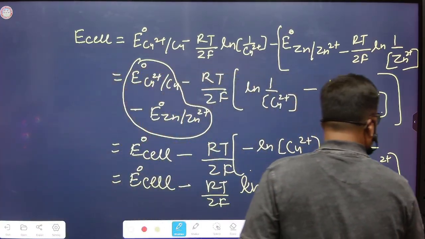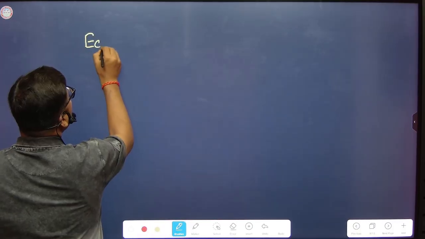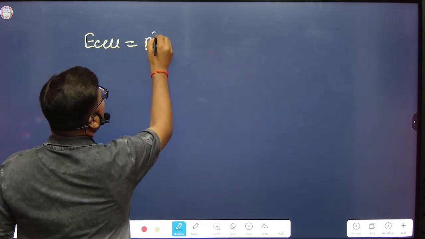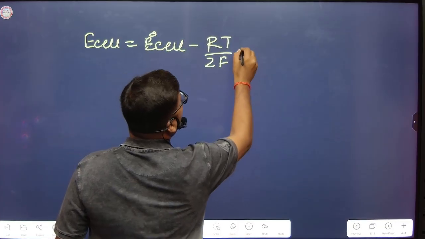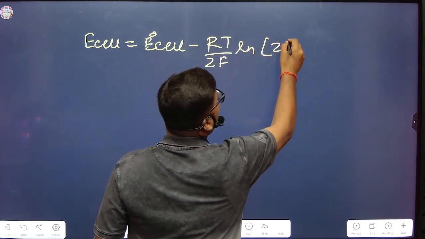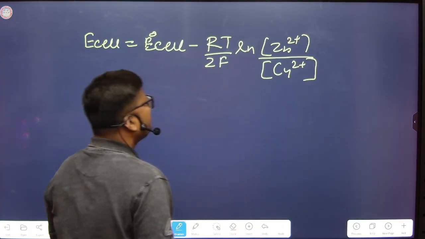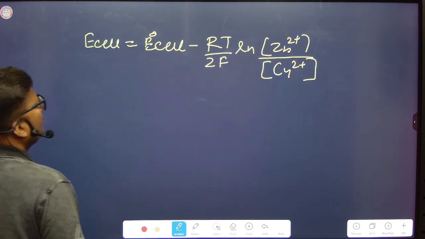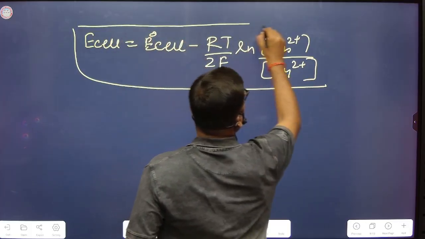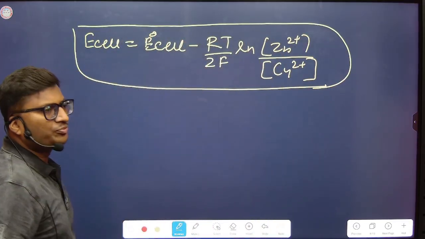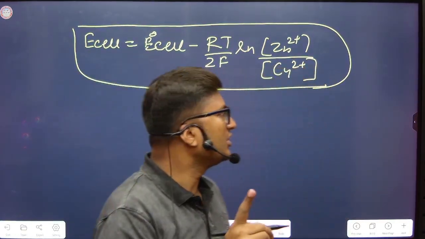So the cell potential E cell is E naught cell minus RT upon 2F ln Zn2+ upon Cu2+, right? So this is the Nernst equation for zinc copper galvanic cell. Okay, students, this is the Nernst equation for zinc copper galvanic cell.